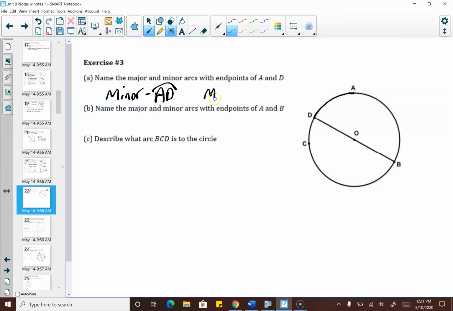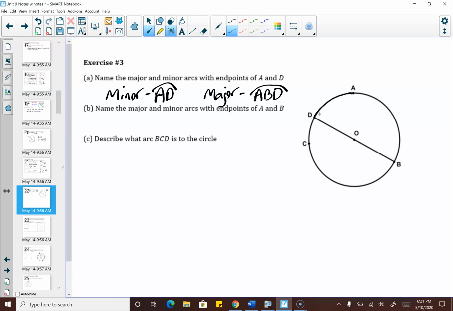Now, if we want to name the major one, there are 2 letters in between, B and C. It doesn't matter which one you pick. I usually just pick the first one. So that would be major arc ABD. You could put all 4, or you could put ACD. It's the same thing, but you do not have to put all the letters in between them. Once you tell it to go A, B, D, it obviously has to pass through C.